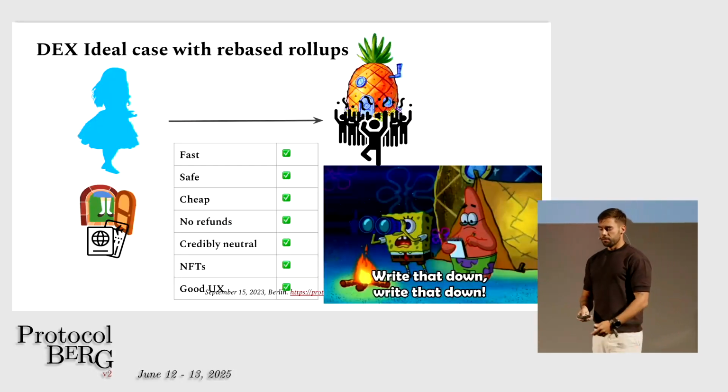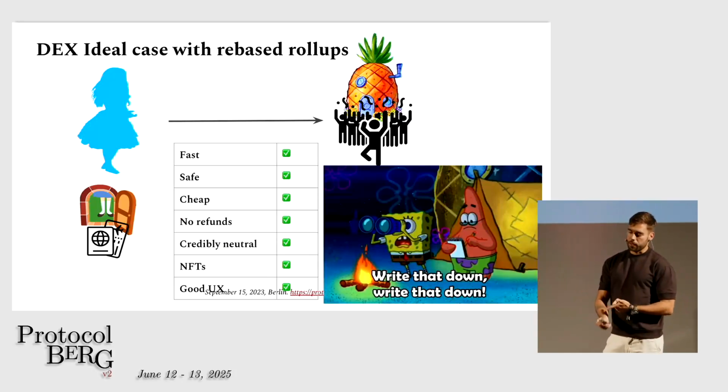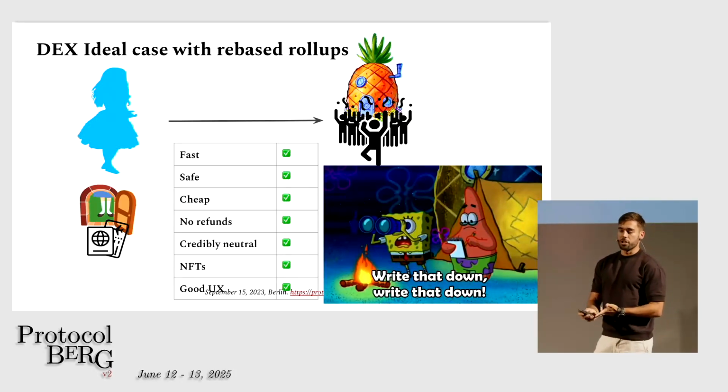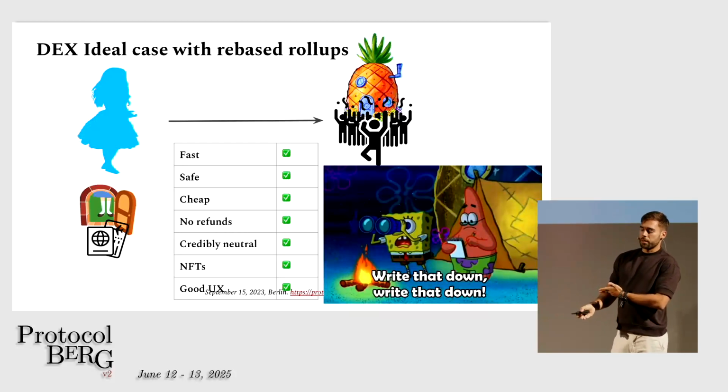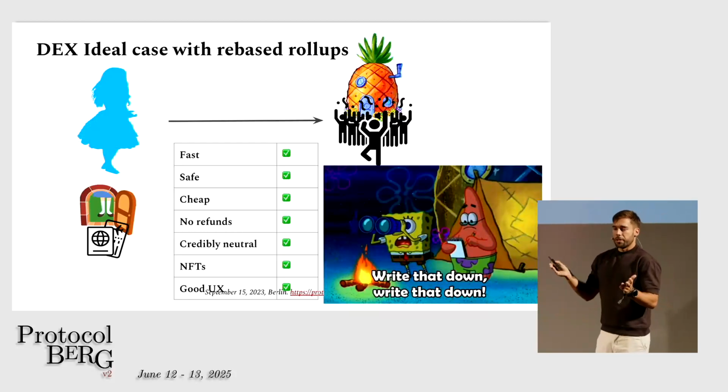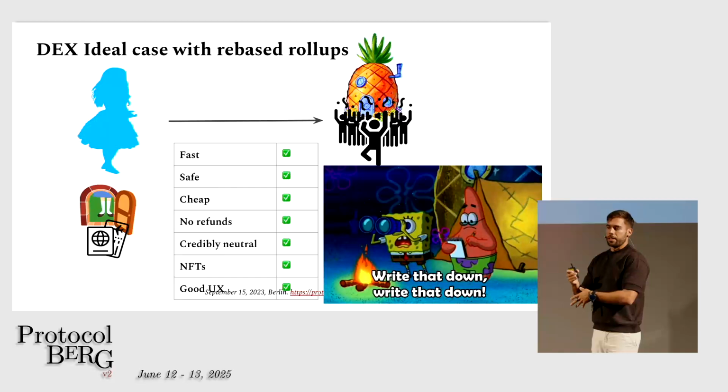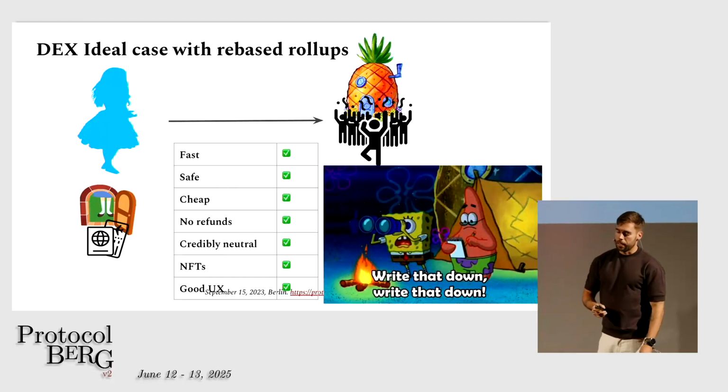And so in this case, we finally have what we want. We have a fast protocol that is safe, that is cheap, or put differently, that people only pay for what they need. So they may have to pay a bit more for synchronous composability when there's demand for it, but if there's not, the rest of the time they're still having the cheap UX and the cheap transactions that they expect. They can achieve synchronous composability.